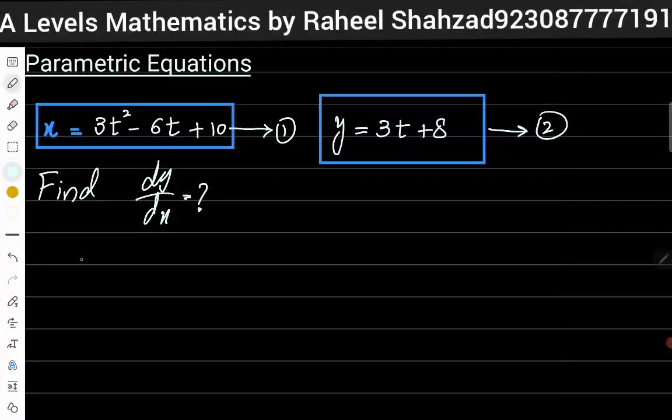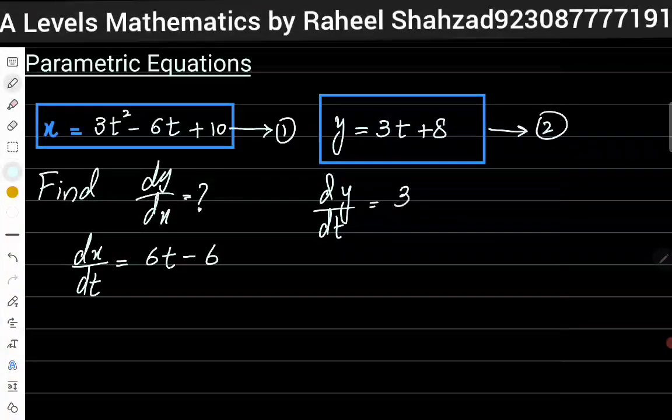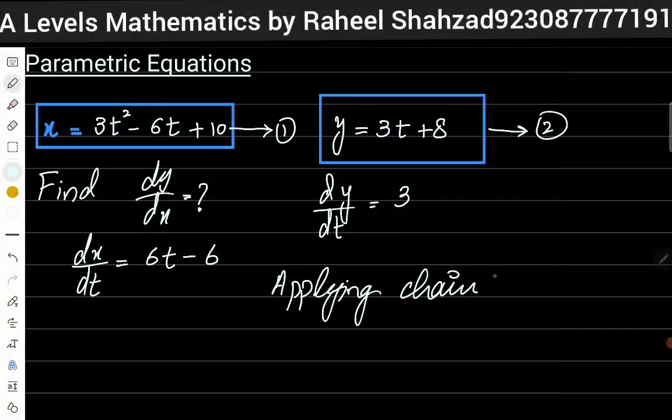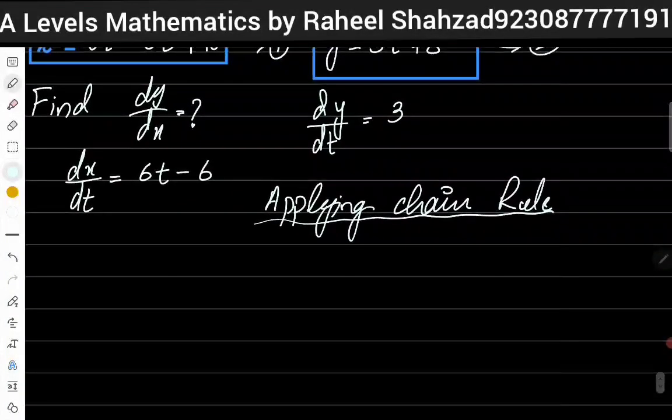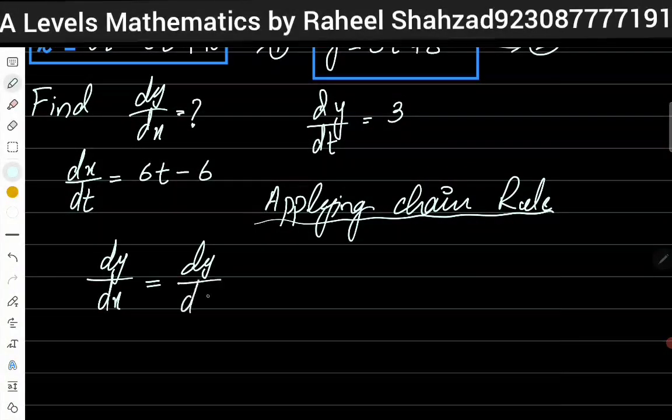First of all, x is given, so we need to find dx by dt. That is equal to 6t minus 6. Similarly, dy by dt is going to be 3. Now applying the chain rule, dy by dx is equal to dy by dt into dt by dx.